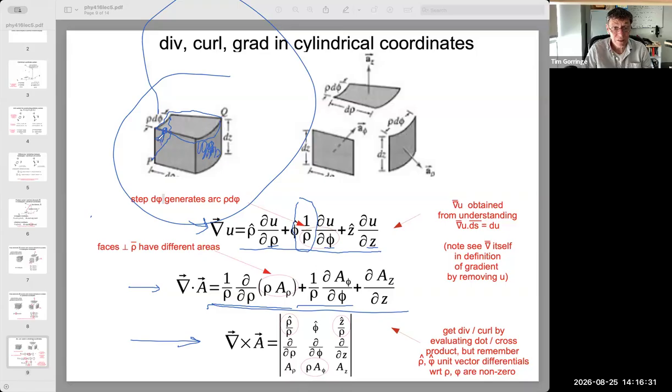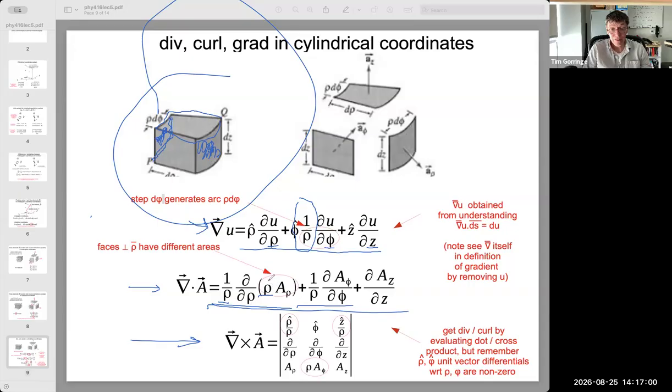If these faces were the same size, this piece down here would just be a simple differential with respect to rho of A rho. But because these faces are different sizes, we have to account for that. And all this stuff that comes along with the dA rho by d rho, which is this rho here and this 1 over rho here, is to do that accounting.